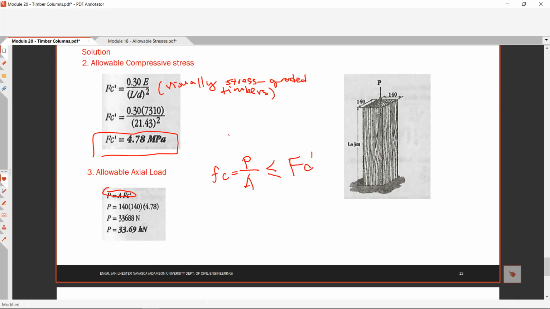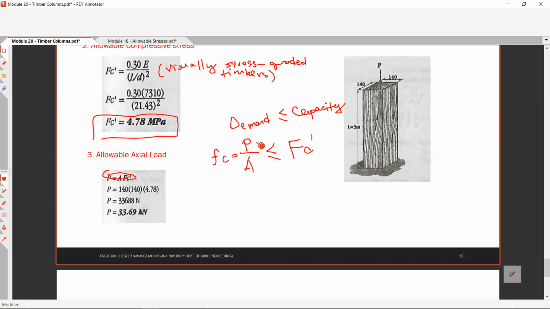So ito lang to, that is your actual load or the demand load. So demand na lang to. Okay? Equate mo lang siya sa capacity. Siyempre dapat para makuha mo yung allowable actual load, i-limit mo lang din yung demand mo dun sa capacity.